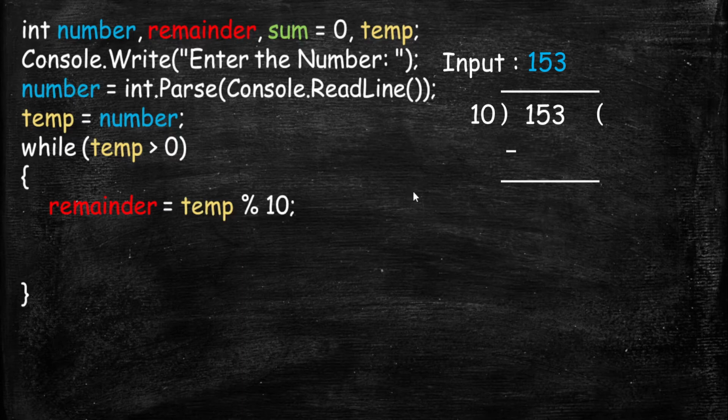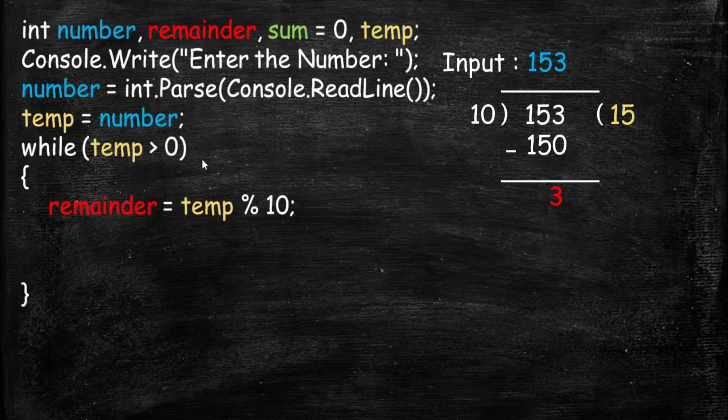If we divide 153 by 10, 10 multiplied by 15 gives us 150. So if we subtract 150 from 153, we will get 3. So the 3 will be the remainder, and 3 is also the last digit of the number which user has entered, which is 153.